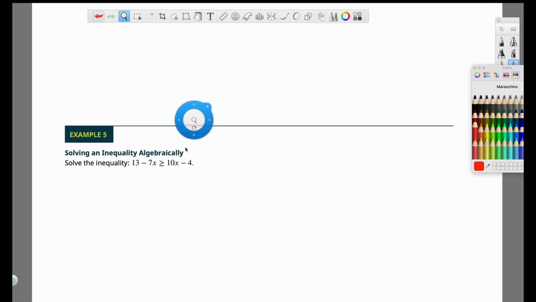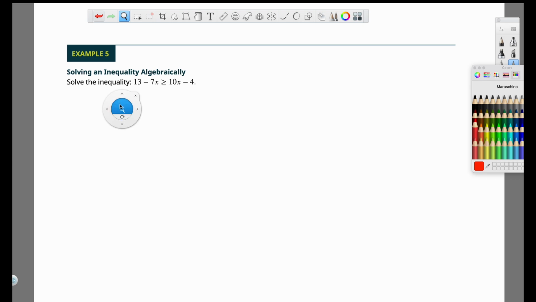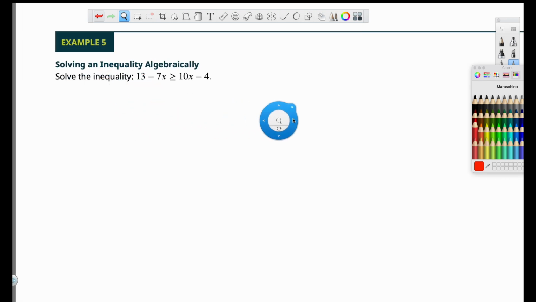Okay, plugging away here. A couple more. Example 5, solve an inequality algebraically. Okay, so we have x's on two sides of the inequality. I'm just going to rewrite it. I think I'm going to subtract 13 on both sides first.